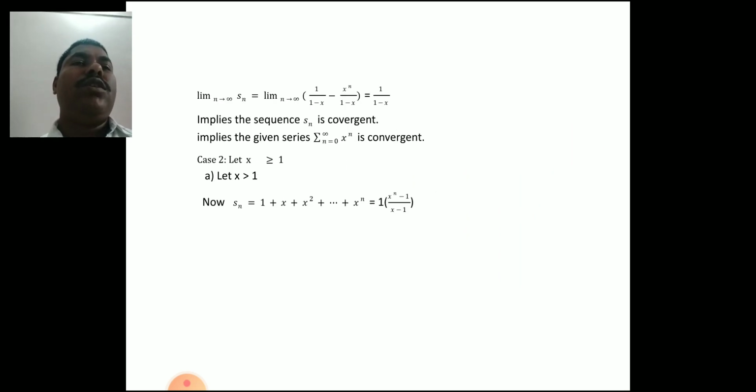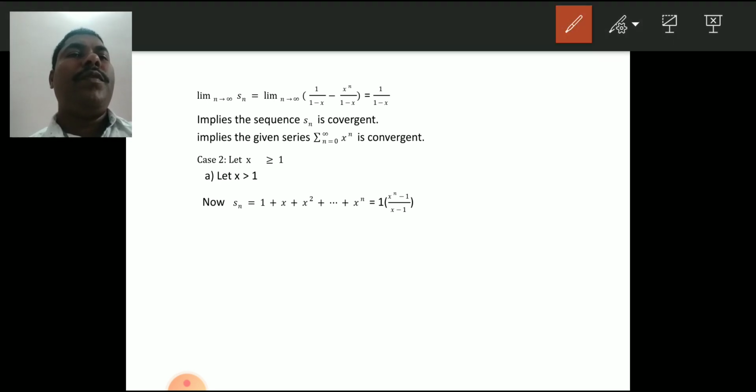Next, apply the limit on both sides. Limit of Sn as n tends to infinity is equal to limit of 1 by 1 minus x minus x raised to n by 1 minus x. So this is equal to 1 by 1 minus x, because when we apply the limit, x raised to n becomes 0, since here x is less than 1.